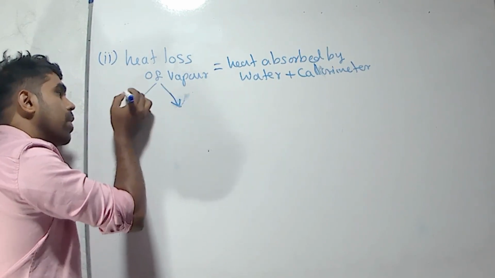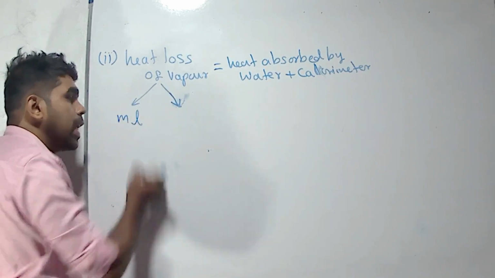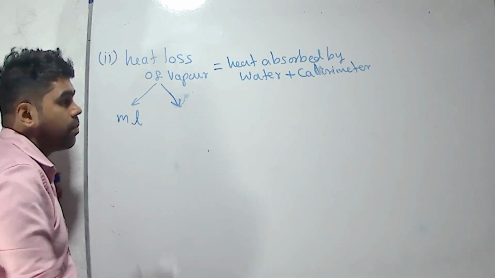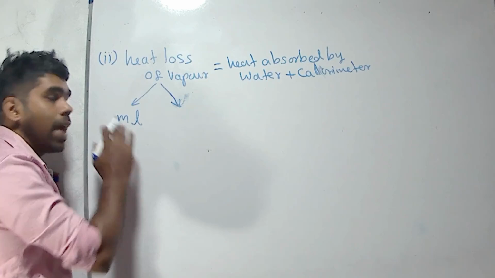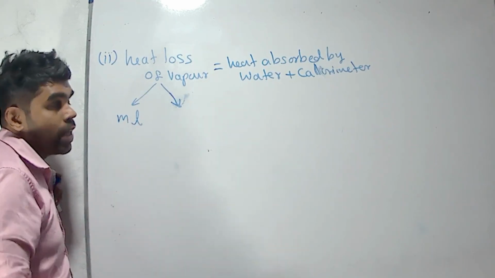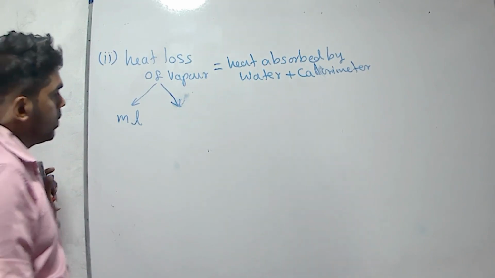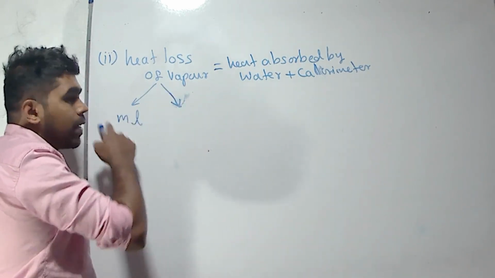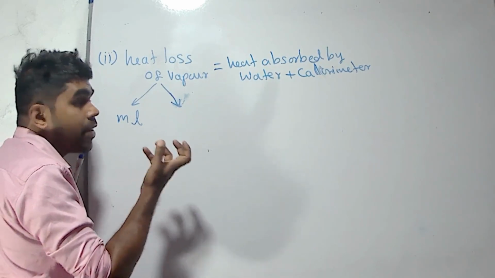Therefore, when condensing, we have to use heat energy in the form mL, mass into latent heat. If there is a phase change, we have to write the heat loss or heat gain as an mL term. After condensing, it makes 100 degree water.